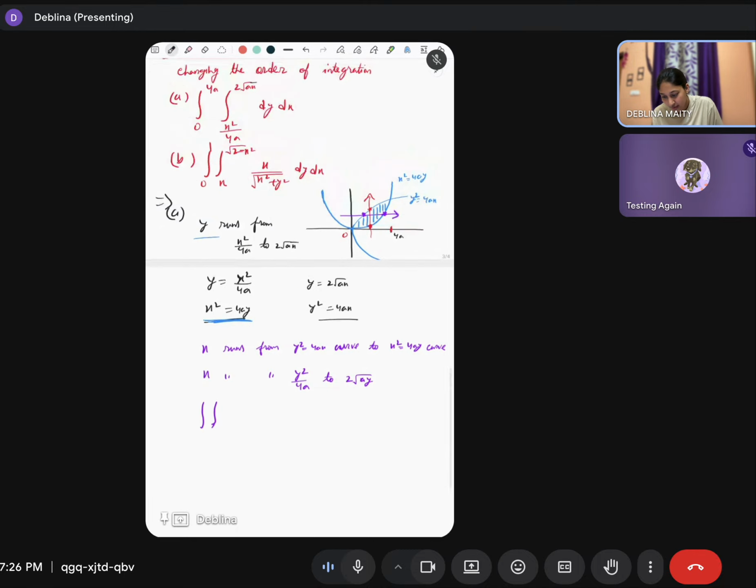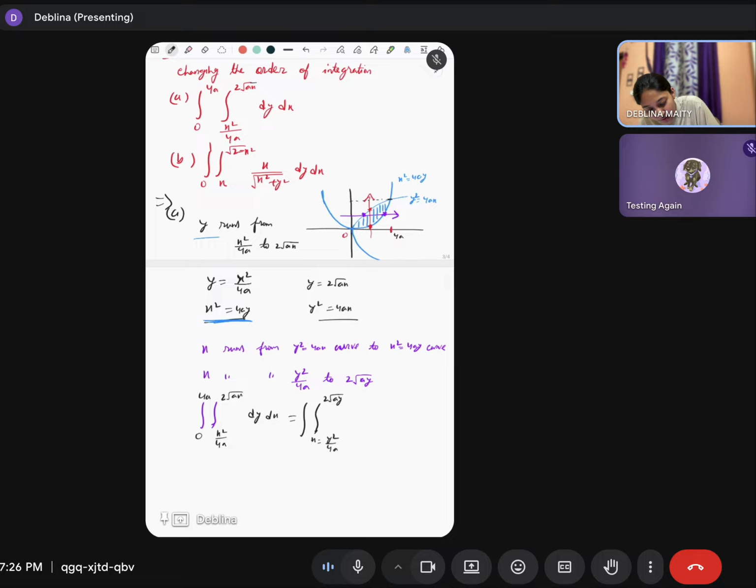So we had x from 0 to 4a, and y ranging from x square by 4a to 2 root x, dy dx. Now we know that x changes from y square by 4a to 2 root over ay, and y changes from 0 to this point.